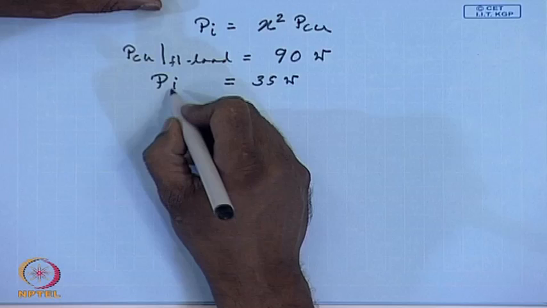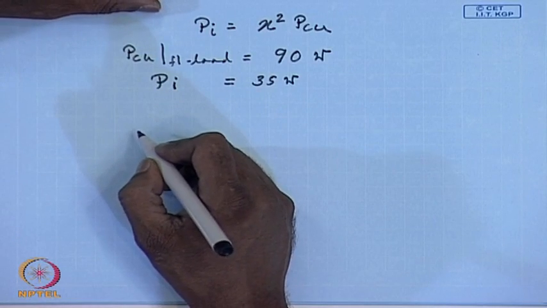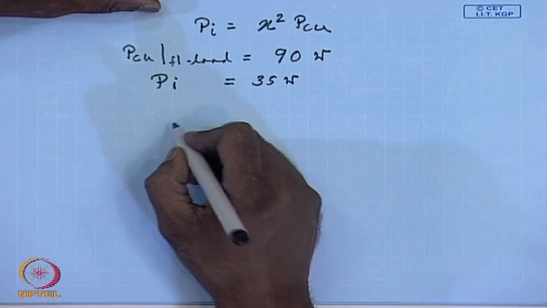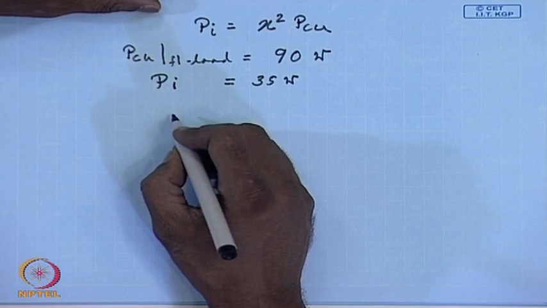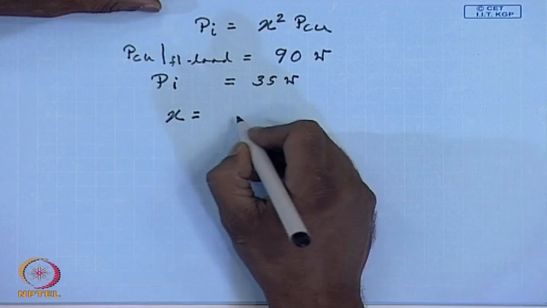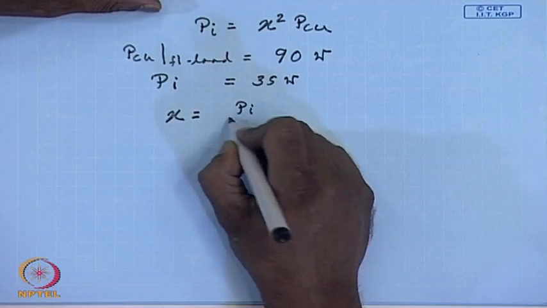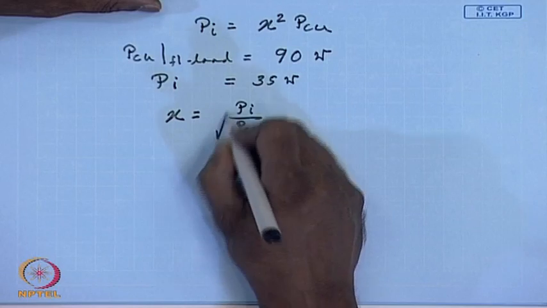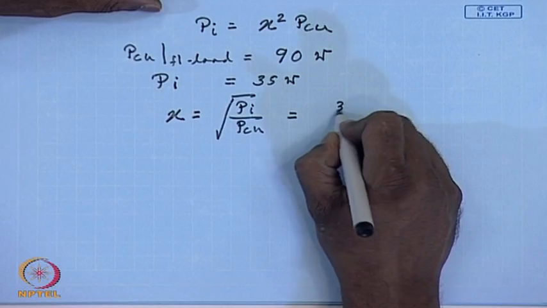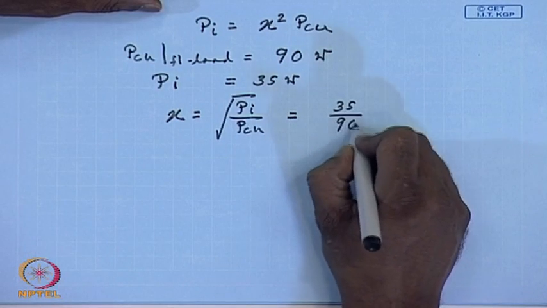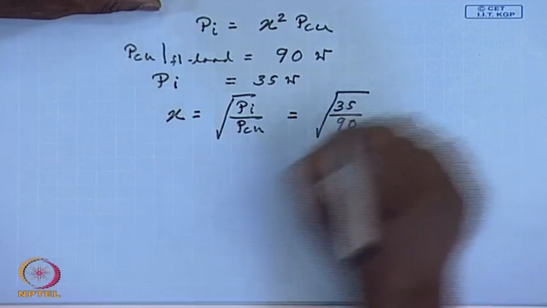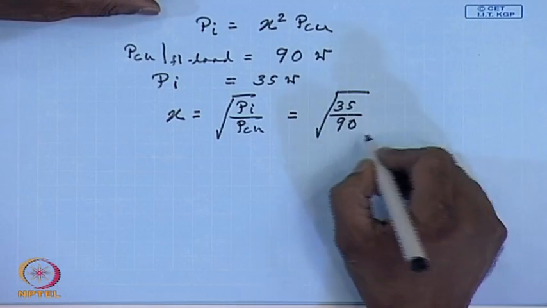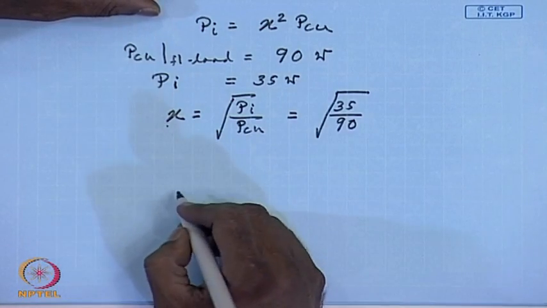So, at what load will the efficiency be maximum? The maximum efficiency will occur at x equal to square root of PI by PCU, this is equal to square root of 35 by 90. So, at this load the efficiency will be maximum.